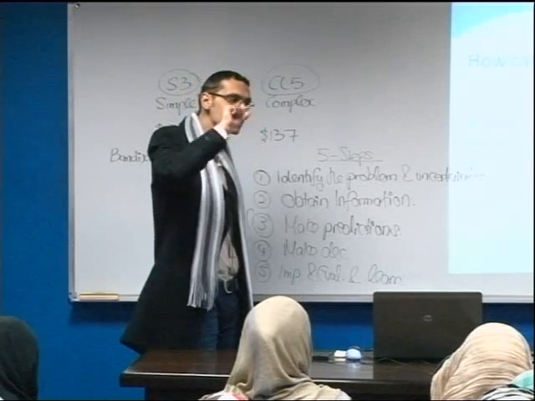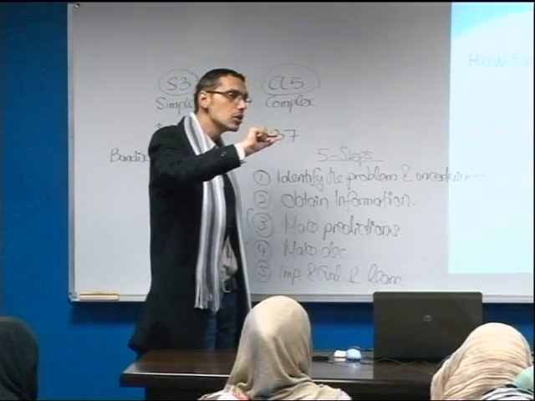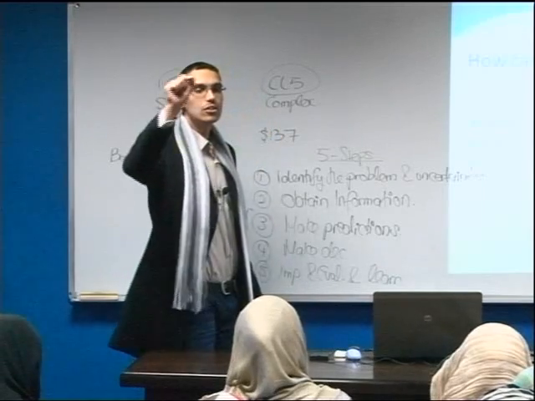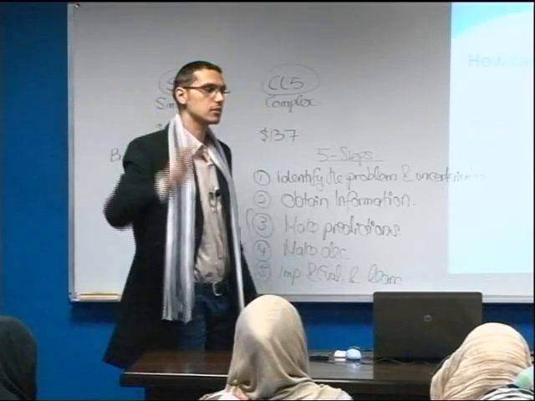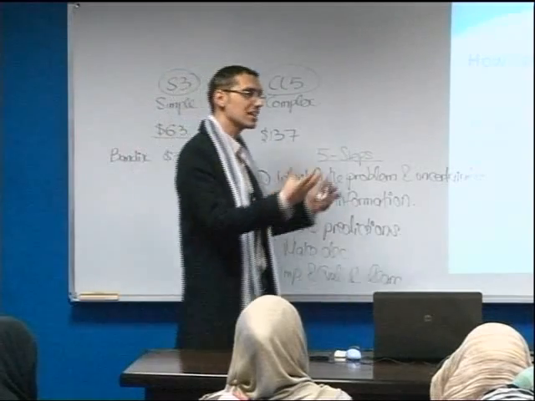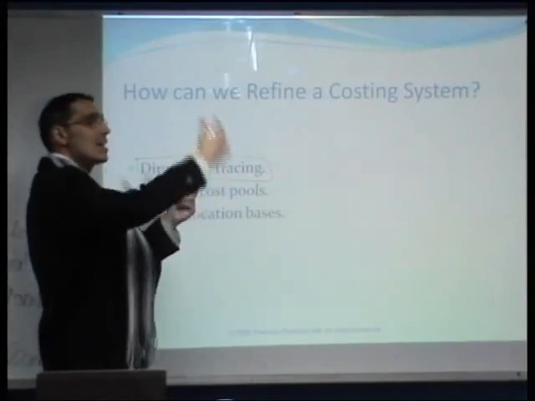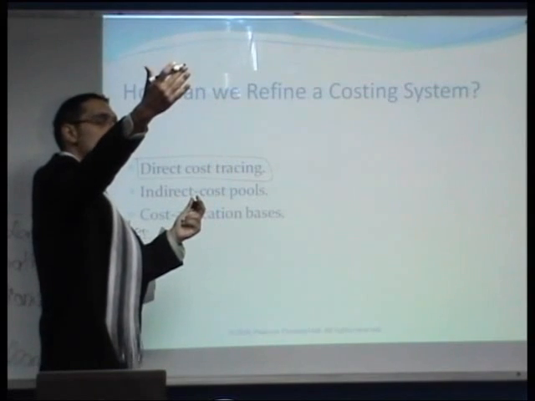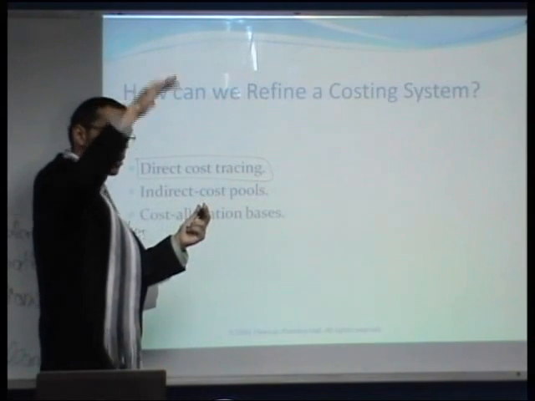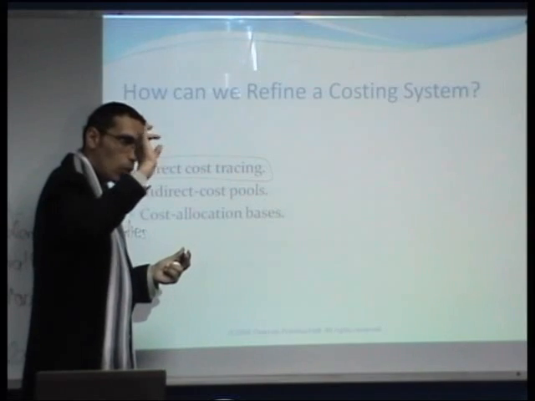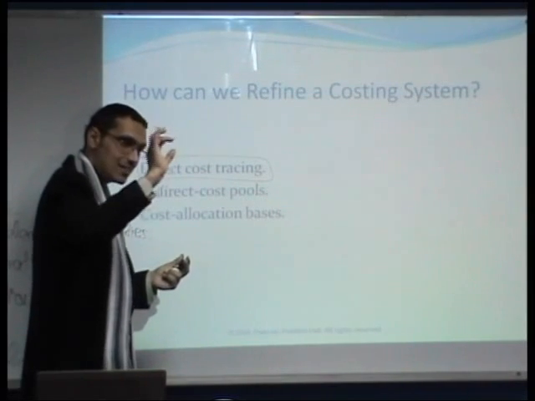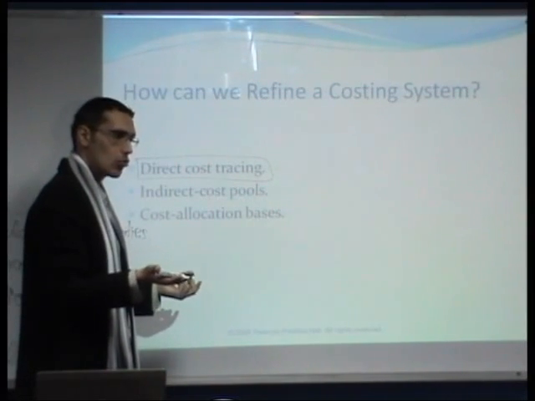some of this indirect cost directly to a specific cost object. If we are tracing more and more direct costs, that means we are decreasing the amount or percentage or materiality of the indirect costs, correct?